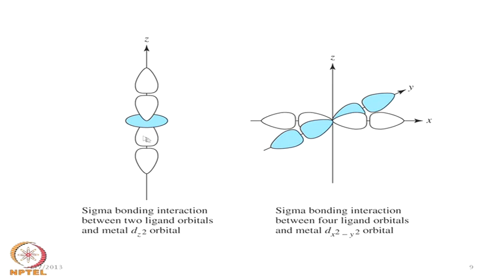That means the Eg set of orbitals in Oh symmetry have the matching sigma symmetry with respect to the overlap with the p z orbitals of the ligand.